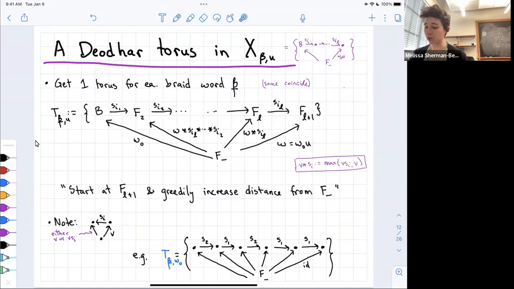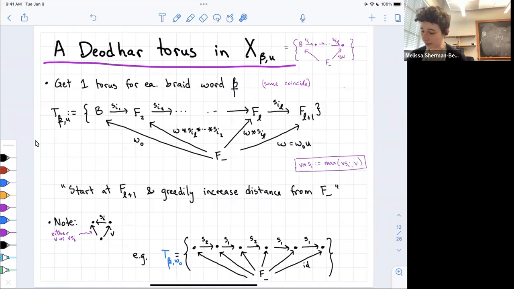So to describe the torus, I'm just going to constrain the opposite Schubert cells that all of the intermediate flags in my walk are in. The informal way to say this is you're a point in the torus if, when you look at the end of the walk and go backwards, in each step backwards you're going to greedily increase your distance from the anti-standard flag.